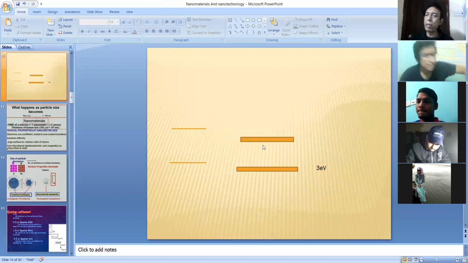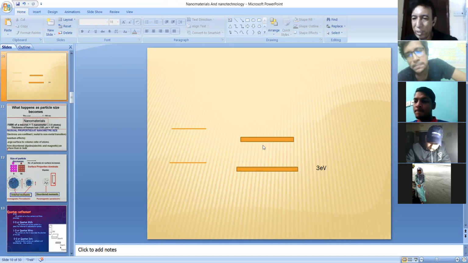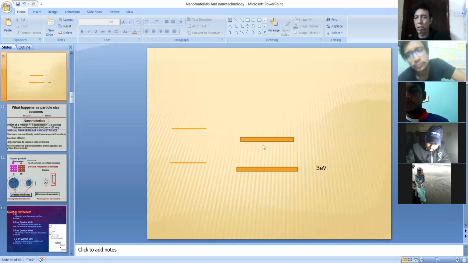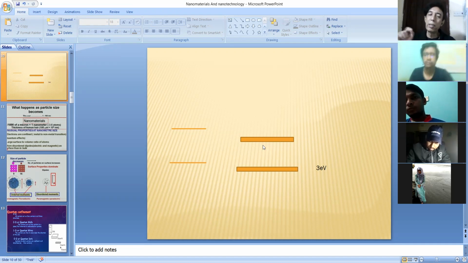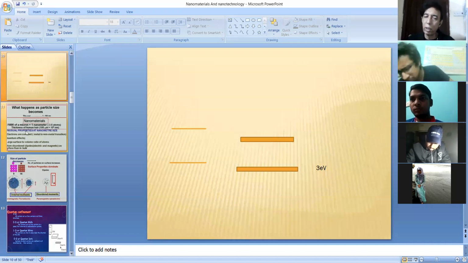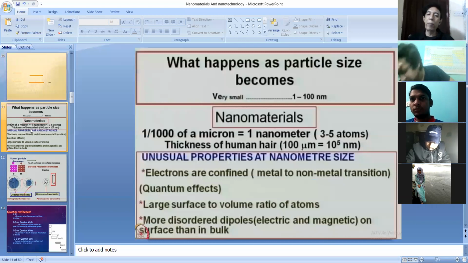You are finding a band gap. It becomes a non-metal, like a semiconductor. Metals become semiconductors or even insulators. So this is the effect of quantum confinement, the quantum mechanical effect.